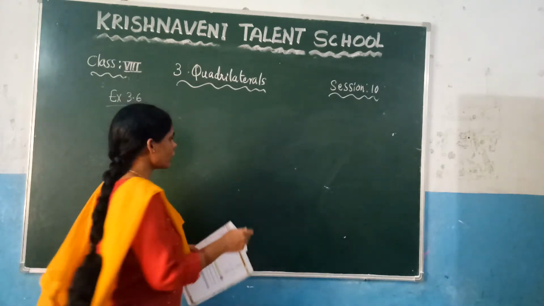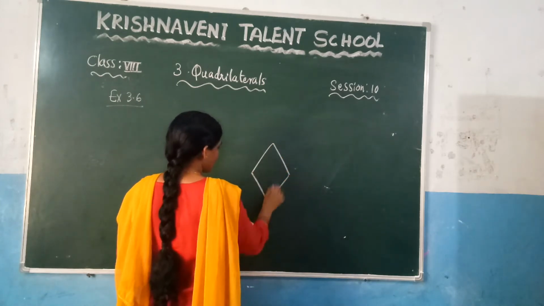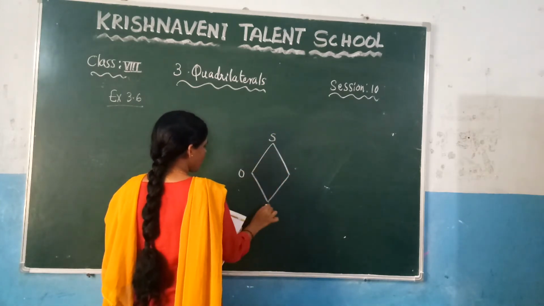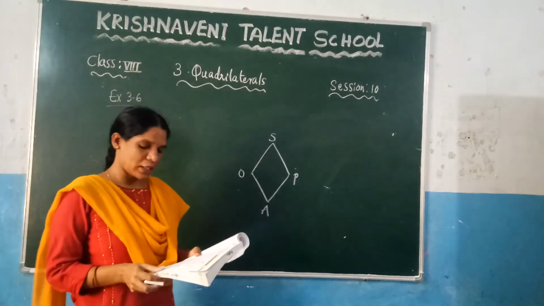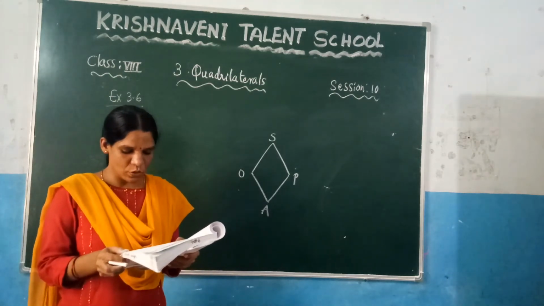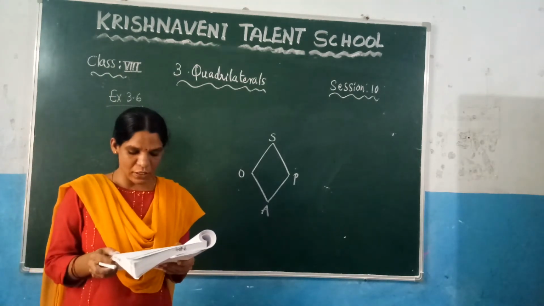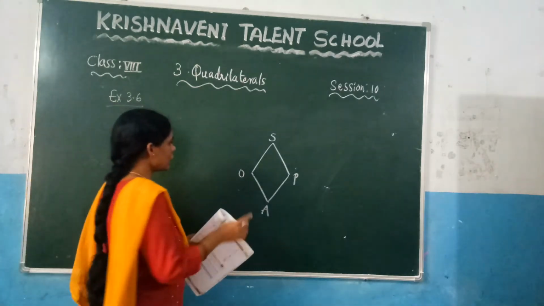So here just draw the rough sketch and they have given the name of the rhombus as SOAP. And what are the lengths they have given? Again they have given the measurements here, which is OP, which is 5 centimeters, and SD, which is 4.3 centimeters.